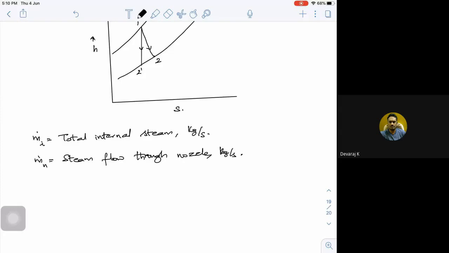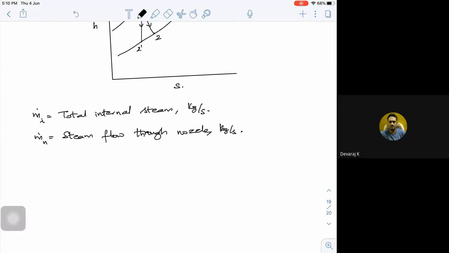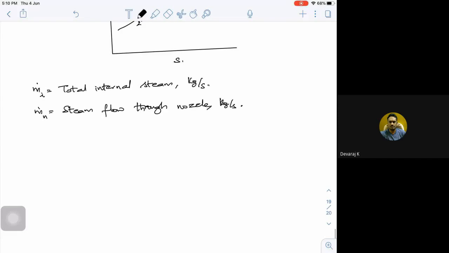The nozzle has certain glands, which support the nozzle. There will be some kind of a diaphragm holding the glands. So we have something called the mass flow rate through the gland. We call that the steam flow through the nozzle diaphragm glands.